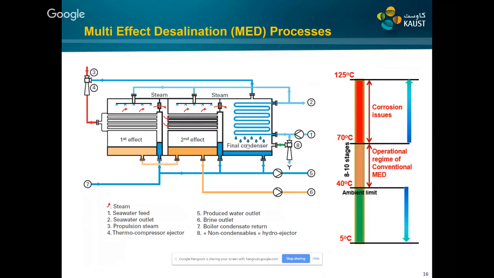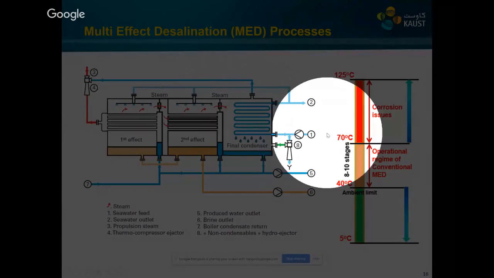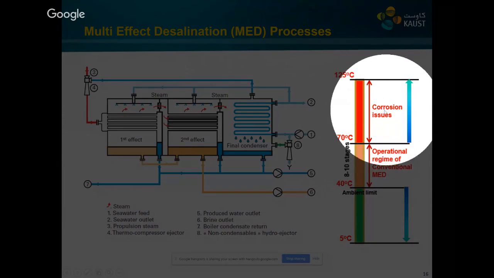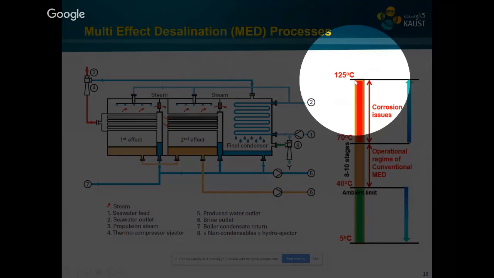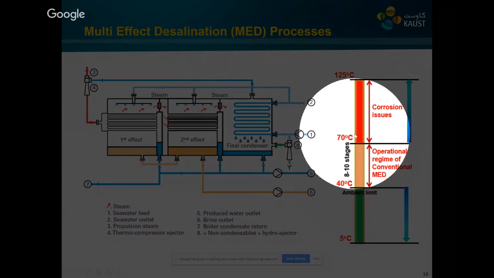This shows that we can improve the process in two ways. The first is to overcome the top temperature limit by somehow controlling the corrosion and fouling, raising the temperature to over 100 or 120 degrees centigrade and operating from 120 to 40 degrees, which would improve the process efficiency because we can insert more recoveries.